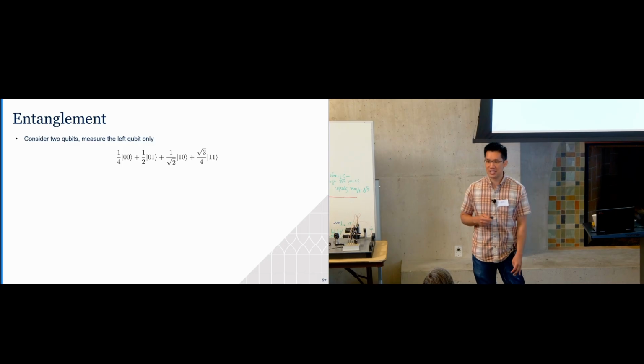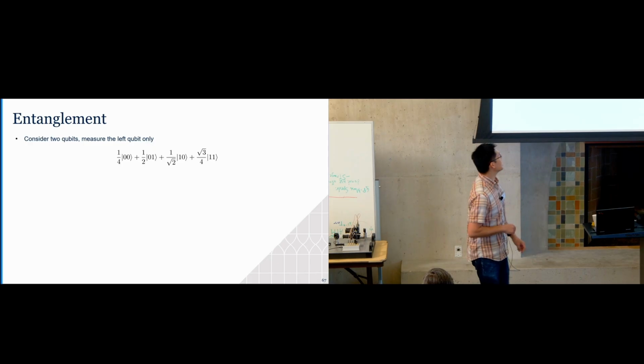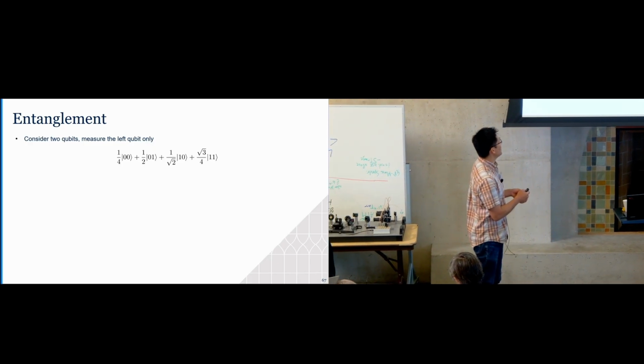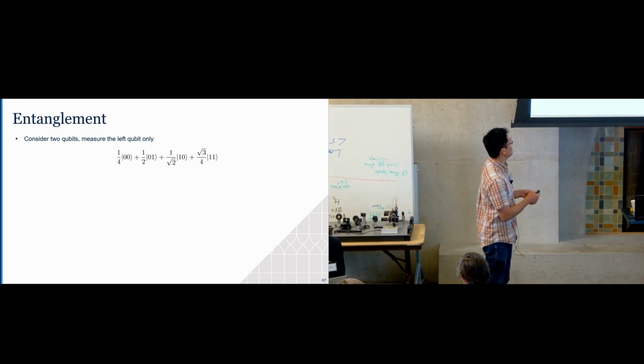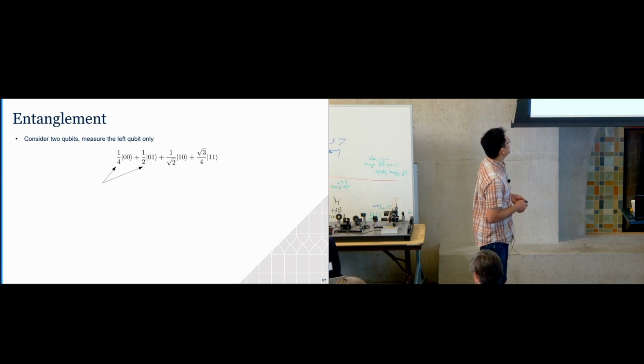So if you measure just the left qubit, it's either going to be 0 or 1 with some probability. And it's going to be 0 from these two states where the left qubit is 0. And it's going to be 1 from these two states over here. So the probability that it's 0 is going to be the sum of these two probabilities. So it's going to be a 16th plus a quarter, which is 5/16.